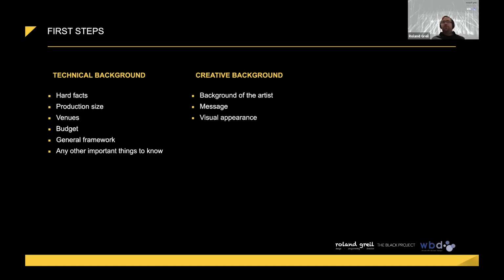It's visual, and what we are doing is visual design at the end of the day. If the picture frame around the artist on stage fits the clothes of the artist on stage, it will look better, and it will be more cohesive. So it's quite important to know what their visual appearance is, or has been in the past.